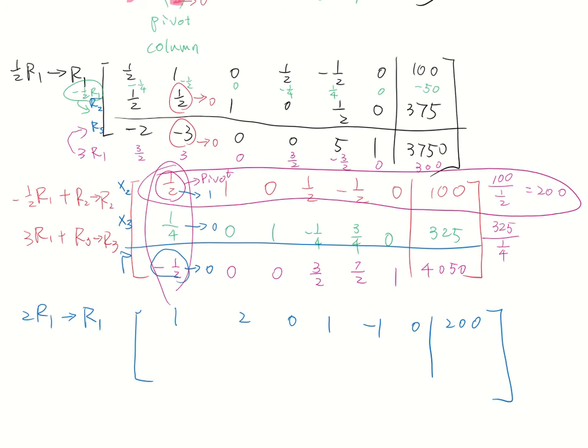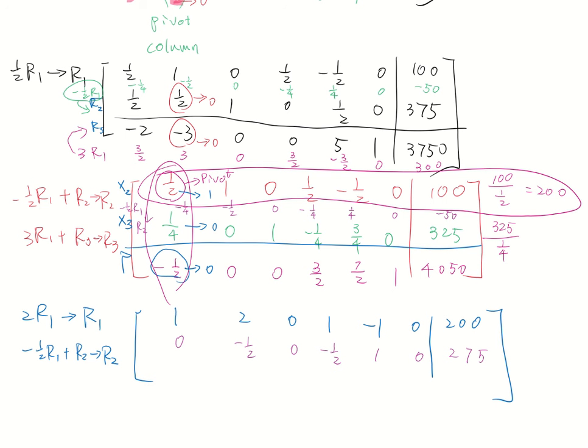This time I will do the operations together. I'm going to multiply R1 by -1/2 and add it to R2 to make it the new R2. So negative 1/2 R1 plus R2 will give us 0 here, and negative 1/2, 0, negative 1/2, 1, 0, and 275.